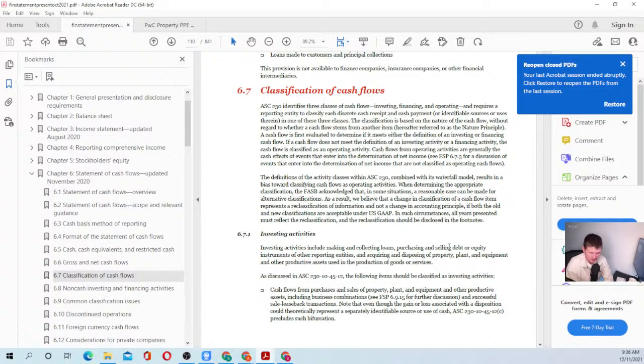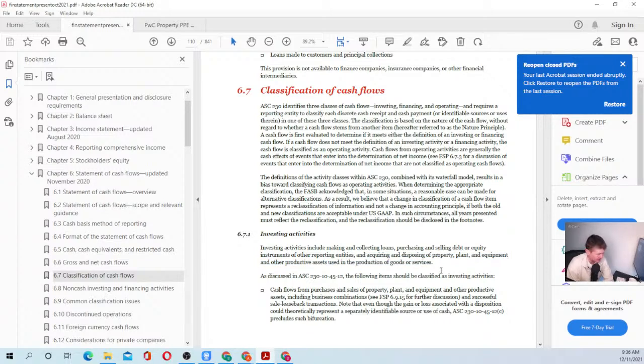Purchase and selling debt or equity instruments of other reporting entities. So you do not include repurchase of your own shares in investing activities. And your investments in CapEx in your own property, plant, and equipment.